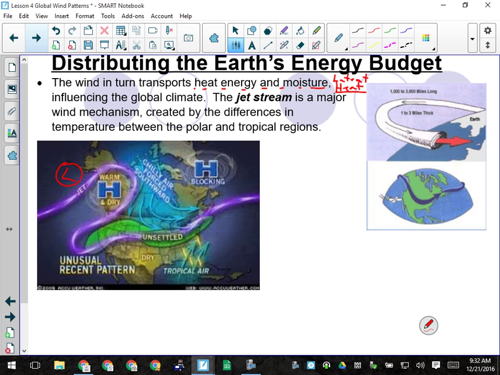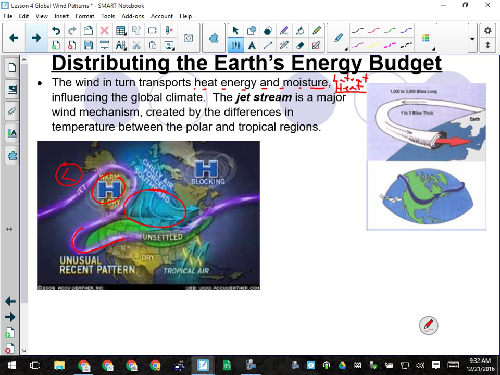The jet stream was pulling this warm, dry air up and over and making it interact with this chilly air here. And when it got wrapped around this high pressure area, the jet stream started pulling the cold air from the north down into this area. So we had a place that was warm and dry because it was bringing all this air in, and then the jet stream started pulling air from here, making this area cold. And then down in here, it became unsettled.